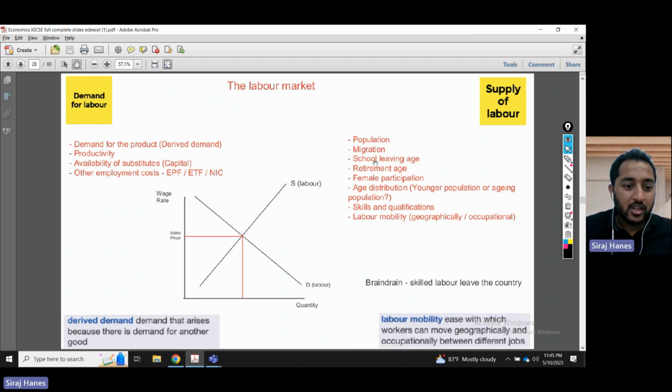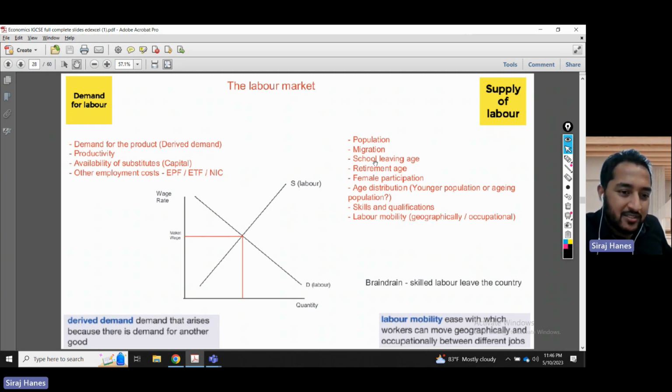High demand for labor. Availability of substitutes. What happens if there's a lot of substitutes? Some of my students are studying with ChatGPT. They're asking ChatGPT to explain a lot of concepts, which is good. I'm not against it. But I could possibly lose my job, no? So if there's more demand for that, there's less demand for me.